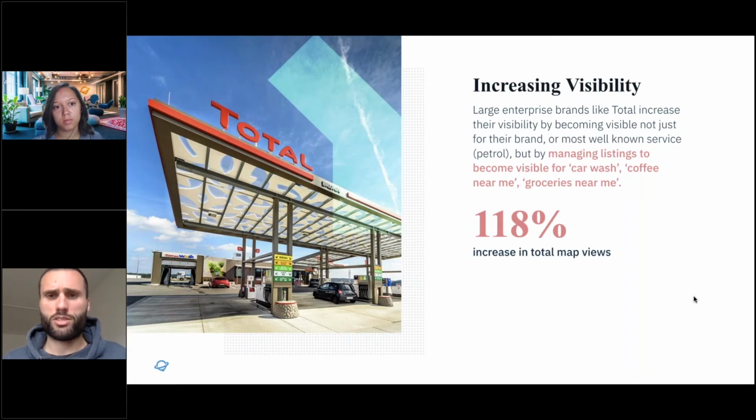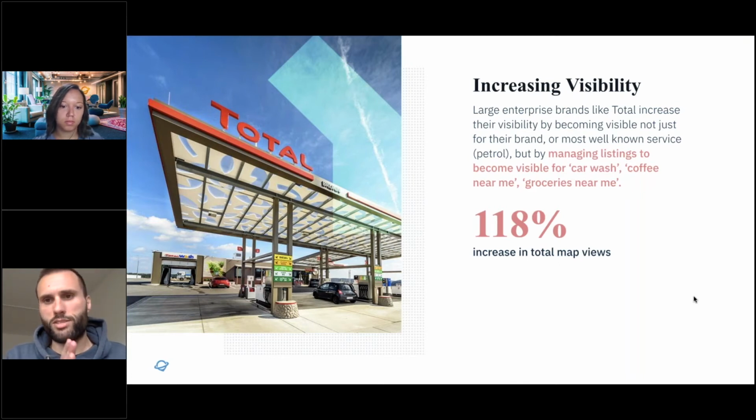It's really important, say, for a petrol station or a gas station like Total, for instance, that does a lot of different things. They sell gas, but they also sell car washes, coffee, and groceries. They're a hard segment to pin down because they have so many different services and products, right?